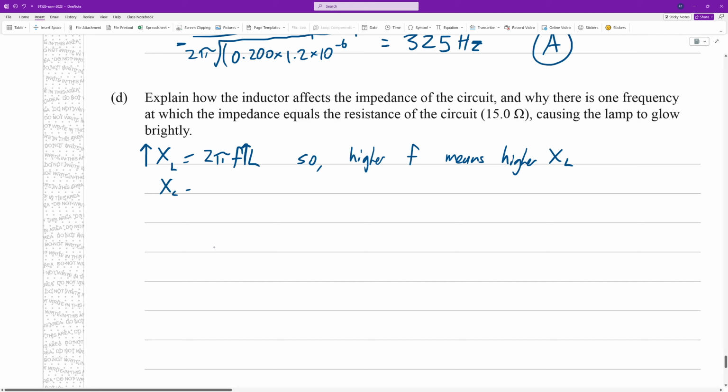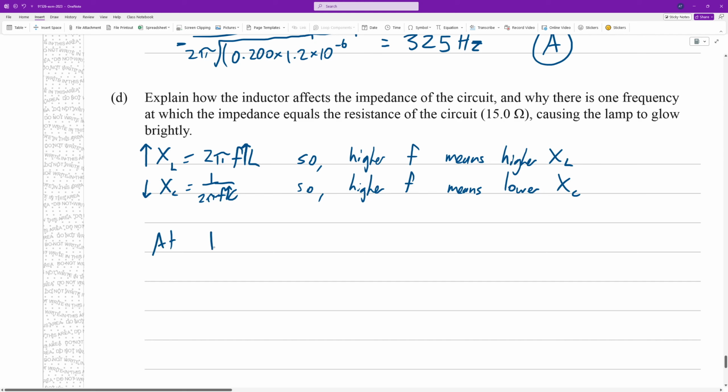Conversely, for a capacitor, if frequency increases, capacitive reactance decreases. Right, so higher F means lower XC, capacitive reactance.